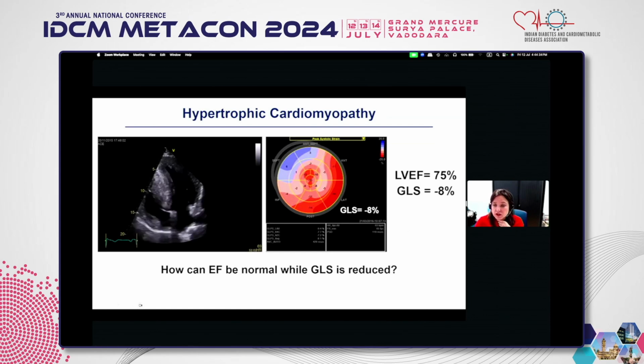With a total ejection fraction of 75%, which is normal, my GLS is 8%, which is very low, because we know that normal values are around 20%. So here the GLS, the global longitudinal strain, was able to depict the myocardial dysfunction, while the ejection fraction was not.